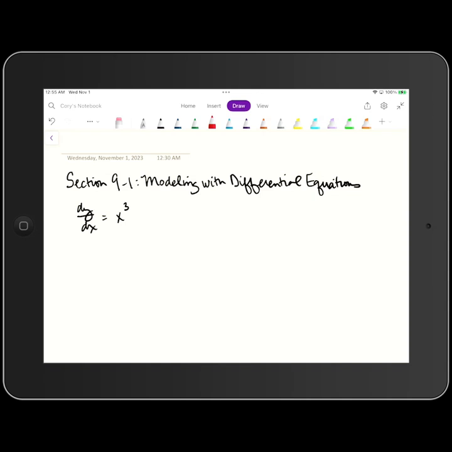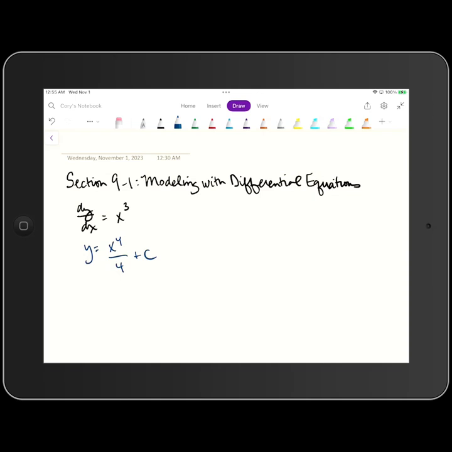So we know that when we take the antiderivative of dy over dx, the antiderivative of that is just going to be y. And we know the antiderivative of x cubed is x to the fourth power divided by 4. And then we add a constant c to the end.